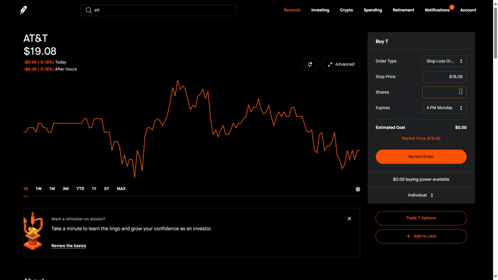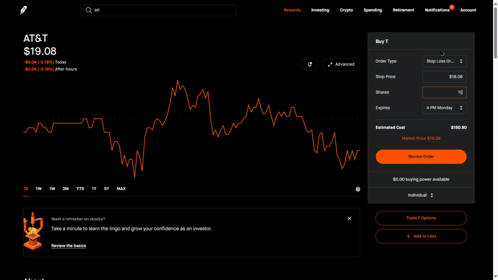And then you put how many shares you want, where you want your stop loss to be, which in this case, if you did that, you will only be risking $10. So let's say you said to yourself, hey, all I'm willing to risk is $10 on that. If I lose any more than $10, I'm out of it. I'm getting up out of there.